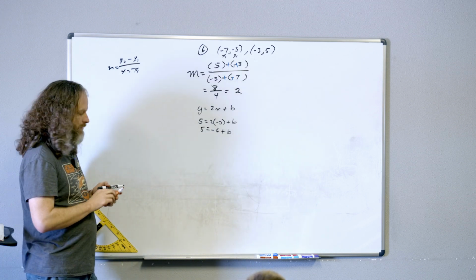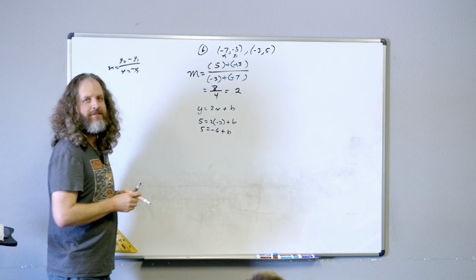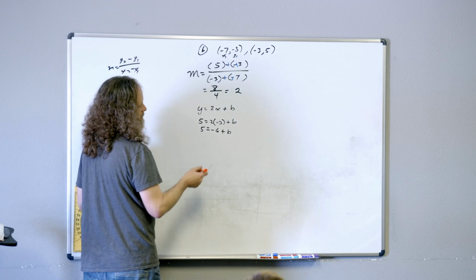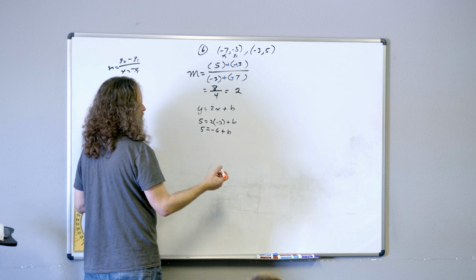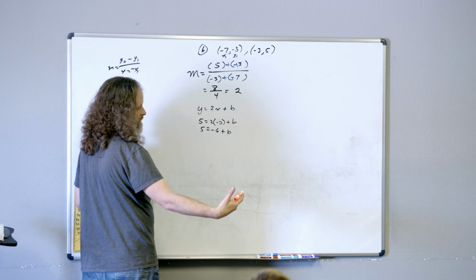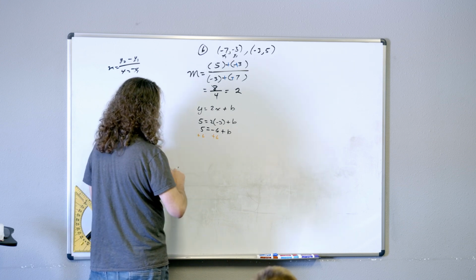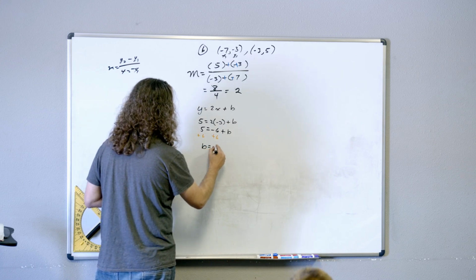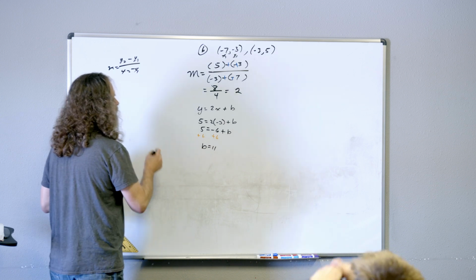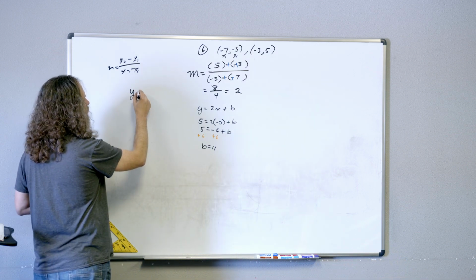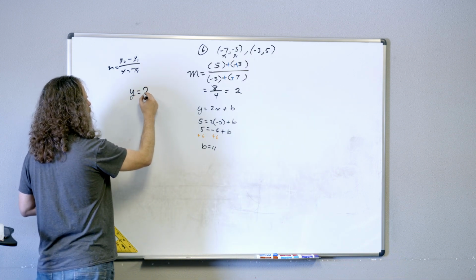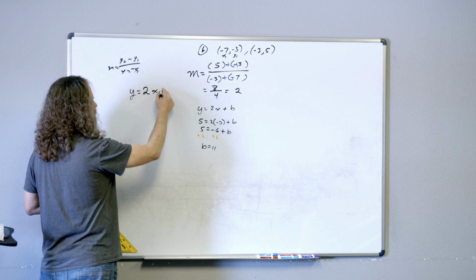You figured out what it is? Good. Now what? We add 6 to 5. So our final equation is y equals 2x plus 11.